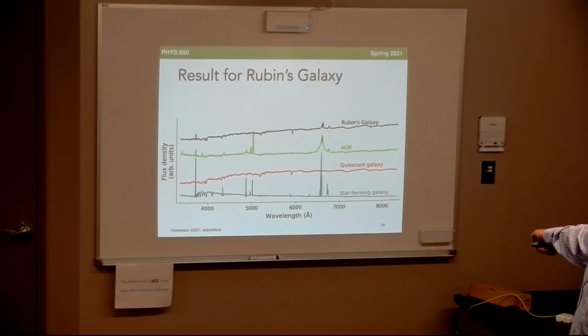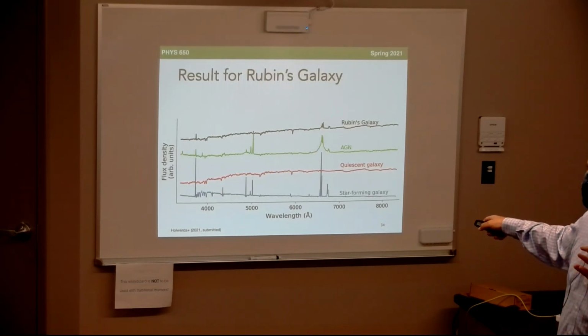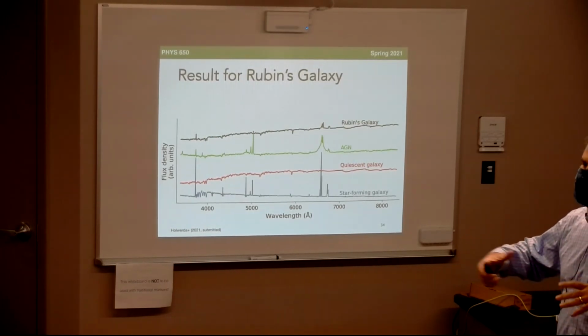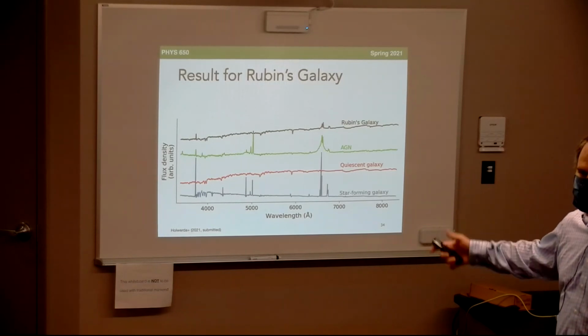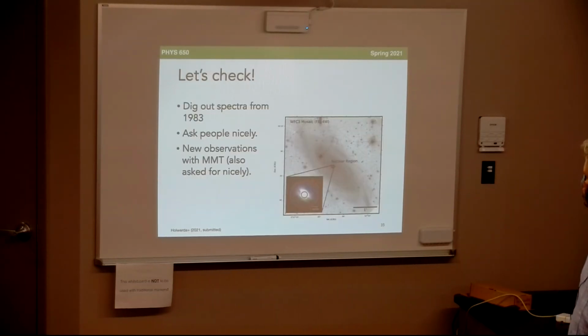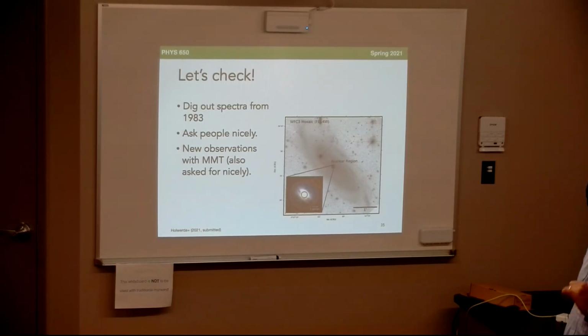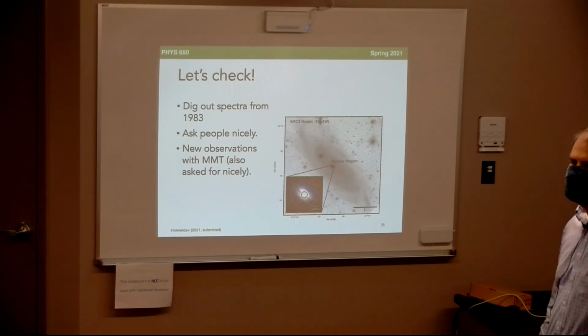It's not quite a quiescent galaxy. It looks a little AGN-y, star-forming something. Especially this is from the center of the galaxy, with a bit of AGN thrown in. So the prediction is, yeah, there's definitely an AGN in there. You should find an AGN. These are the strengths of the emission lines. So we have a full prediction, a whole spectrum that we can compare against.